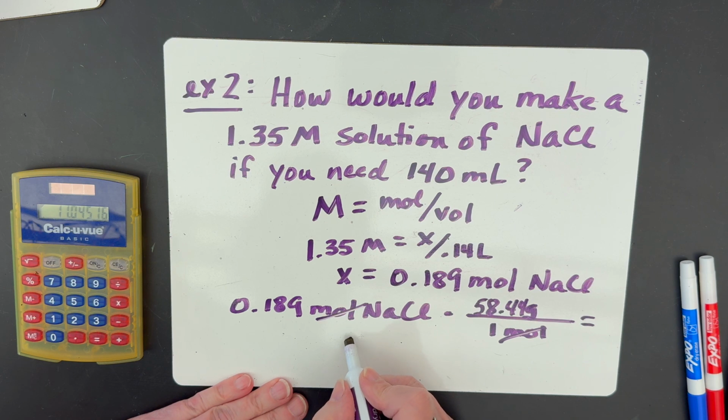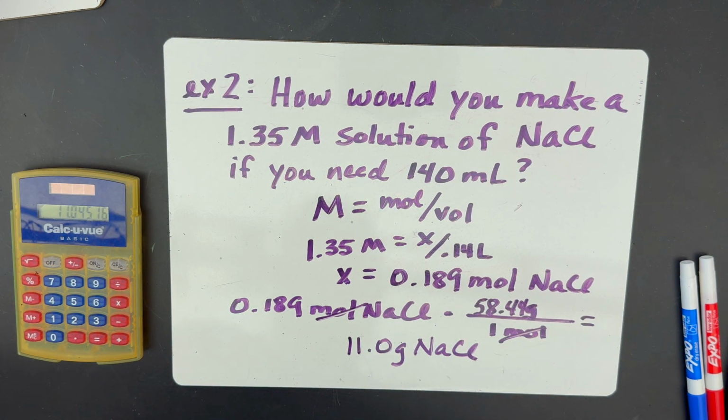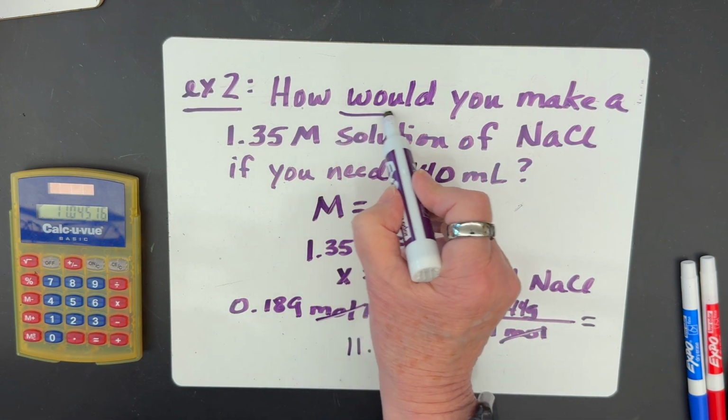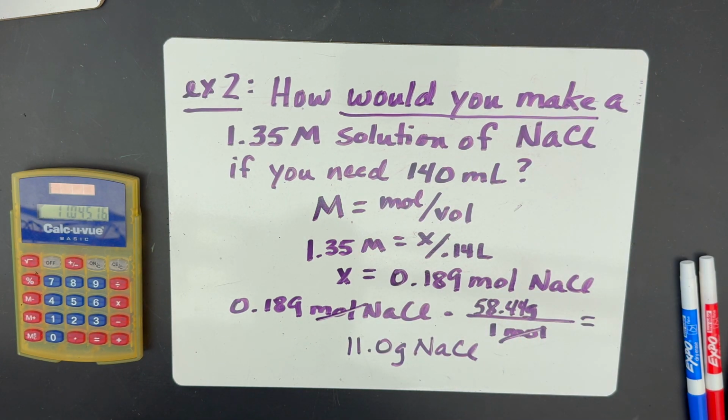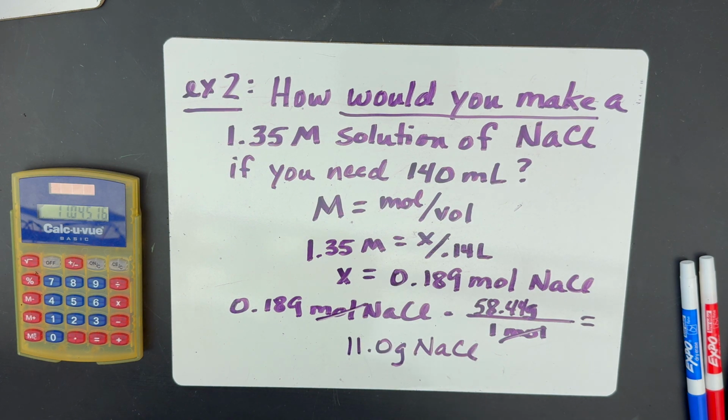This is equal to 11.0 grams of NaCl. The way that we would write the answer, it's asking how would you make, so your answer would be dissolve 11.0 grams of NaCl in enough water to make 140 milliliters of solution.